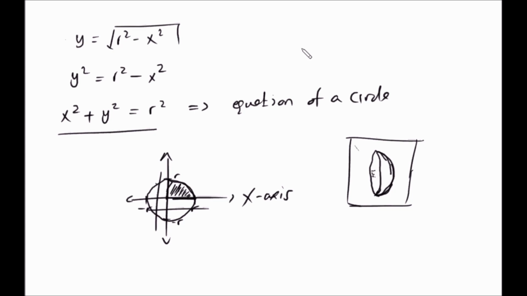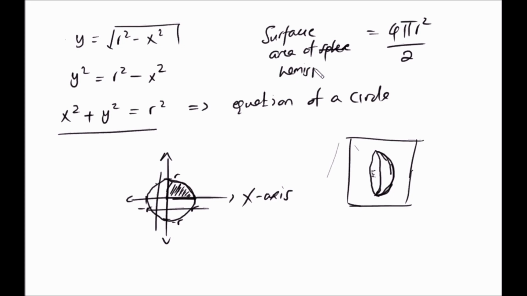Sawa? Sasa surface area ya sphere huwa ni nini? Surface area of sphere huwa ni 4 pi r squared. Kwa hiyo ya hemisphere sasa, manake nusu, itakuwa ugawanye kwa 2. So this is, niseme hemisphere. Kwa hiyo nachukua sphere ugawanye kwa 2, unapata surface area ya nini?